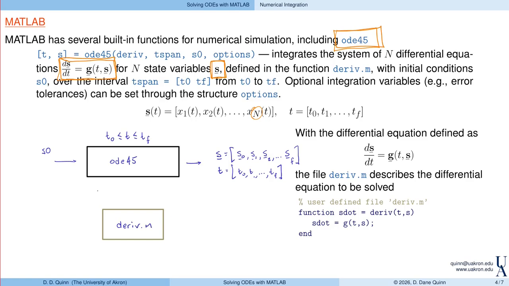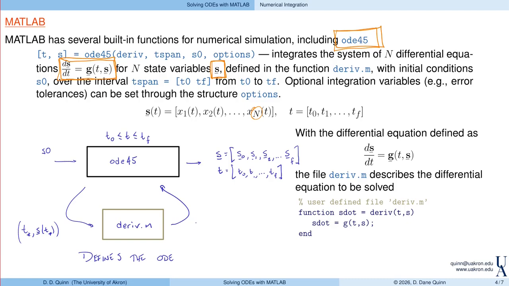That makes sense. So essentially, this deriv.m file defines the ODE, and this is something that we have to write. And then all of the stuff in here is sort of within MATLAB. So essentially, this deriv function takes in the time and the state variables, so all of these coordinates at some value, and gives back to ODE 4.5 the derivative.